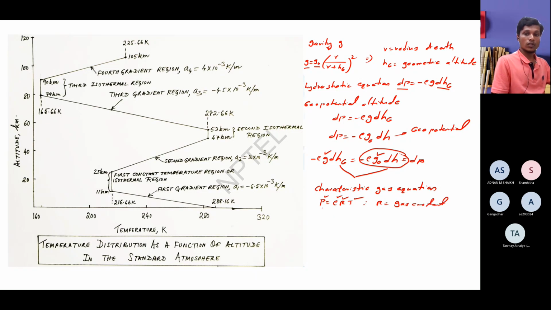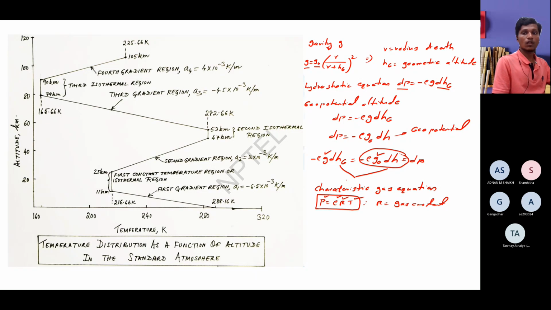This is a very important equation that we also call the perfect gas equation or the characteristic gas equation. These are all the important basics before trying to understand the standard atmosphere pressure and temperature variation.